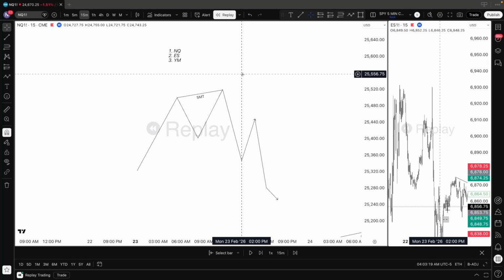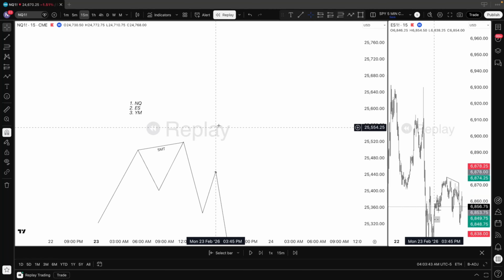Something else is I'm always looking for displacement out of that price range. We always talk about liquidity being swept and seeing a reaction. This is no different. Doesn't matter if it's an internal fair value gap SMT or just a daily low or daily high being swept, I need to see displacement in the price legs in order to engage with price.